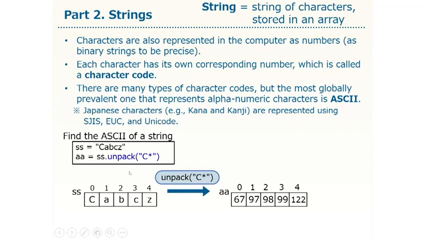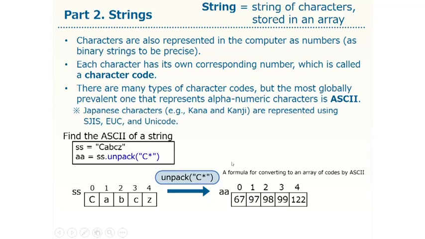In ASCII, an uppercase letter C corresponds to the number 67. A lowercase letter a corresponds to 97, b 98, c 99, and z 122. So the sequence of 67, 97, 98, 99, 122 is created and stored into array AA.